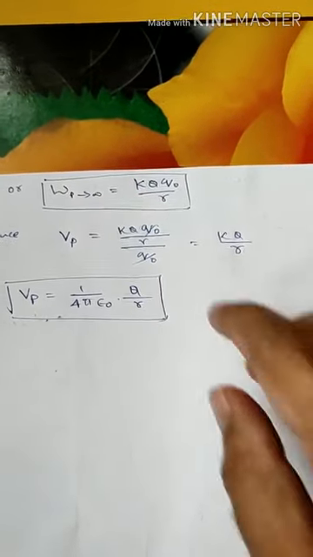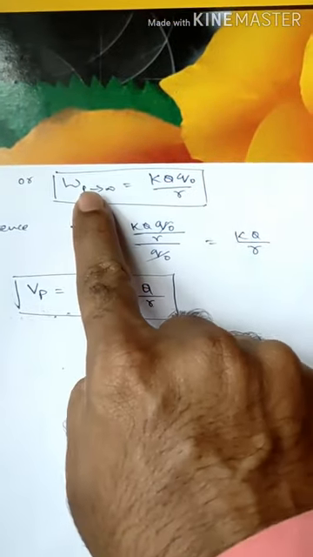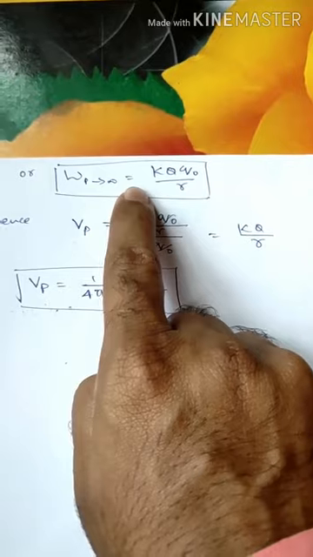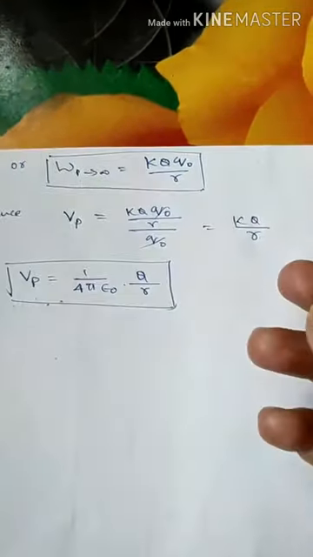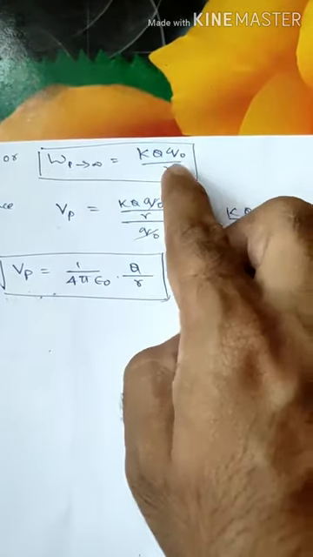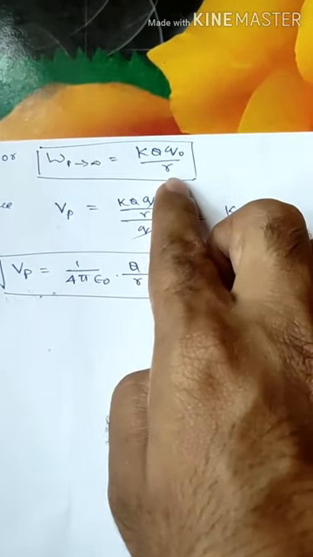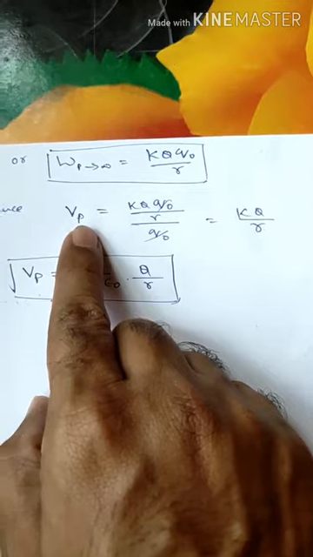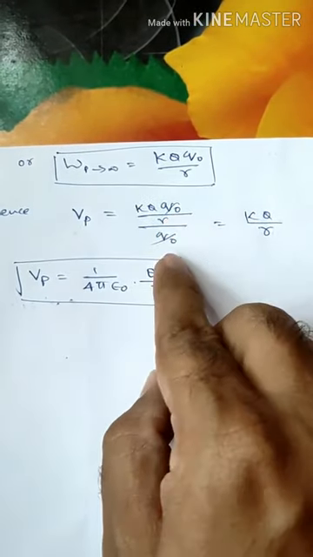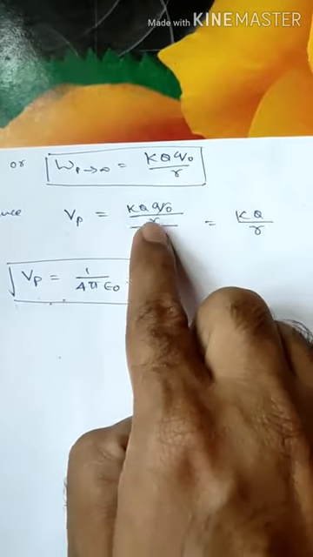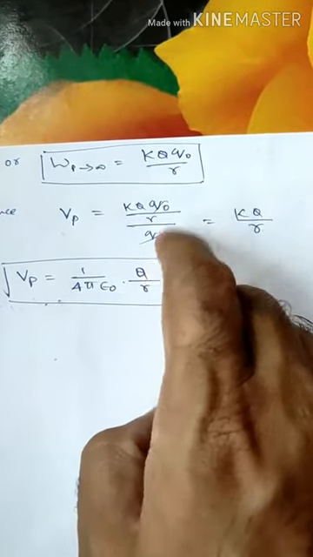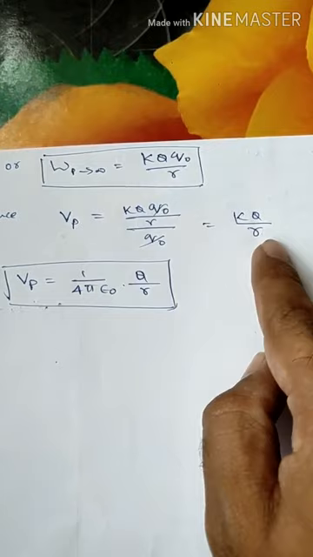Next, it can be written like this: the work done from P to infinity is positive, since in the last case infinity to P was negative. It is k q q naught divided by r. Here Vp is the work done per test charge. Dividing k q q naught by r by q naught, q naught cancels, and we get k q by r.